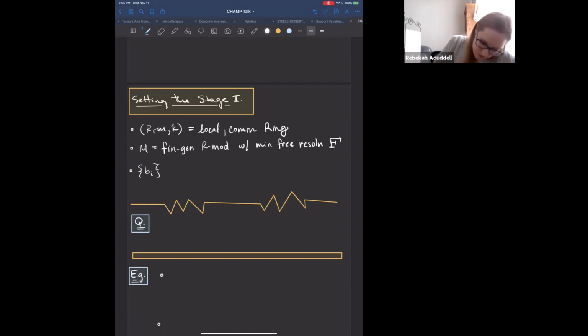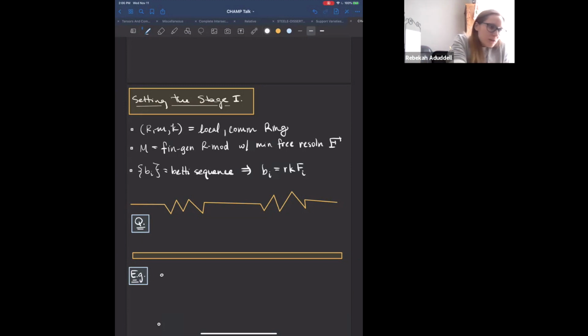And I'll denote b_i as the Betti sequence. Just recall that the ith Betti number is the rank of the free module at the ith degree in the minimal free resolution.